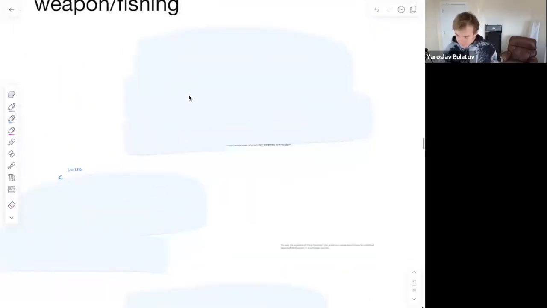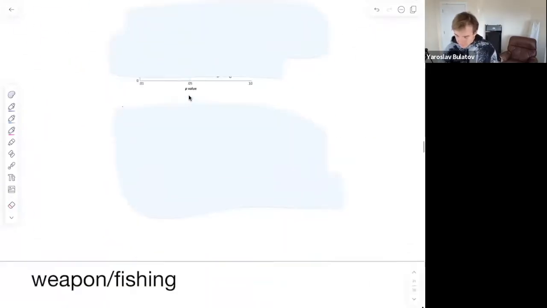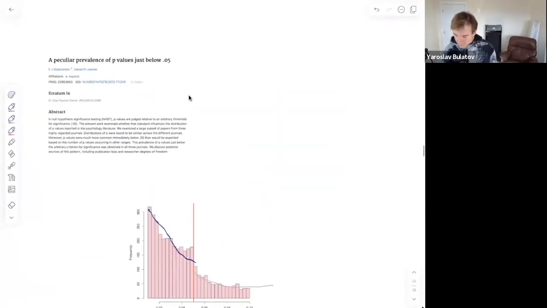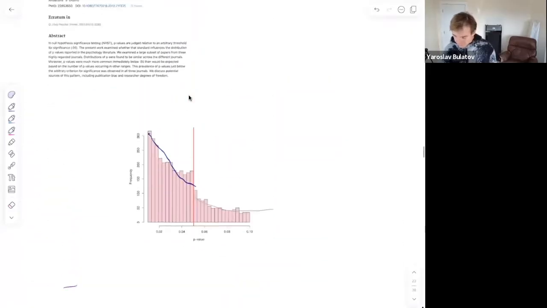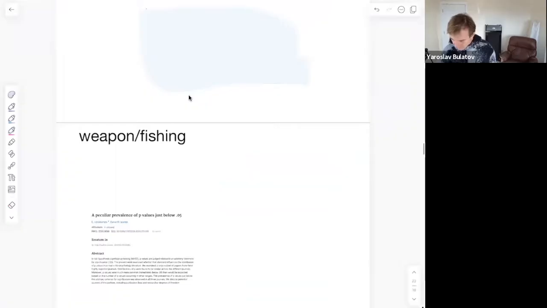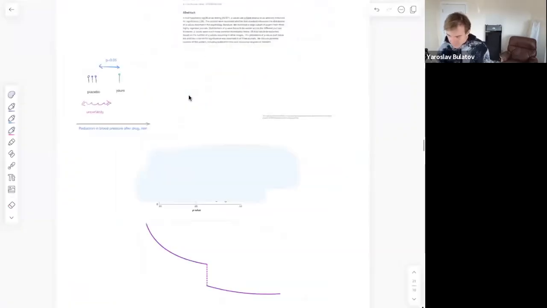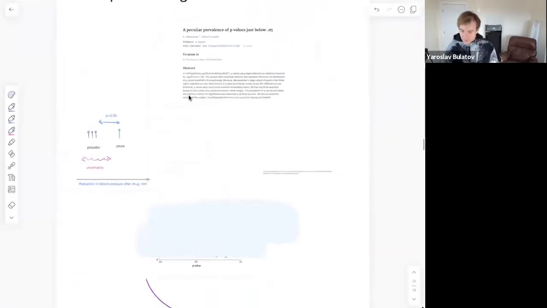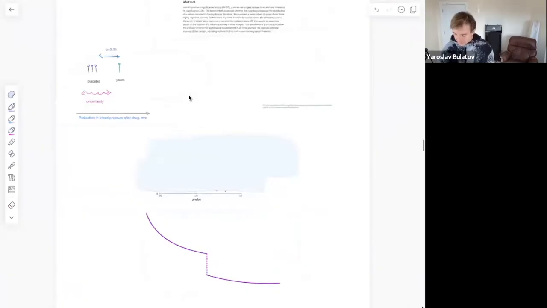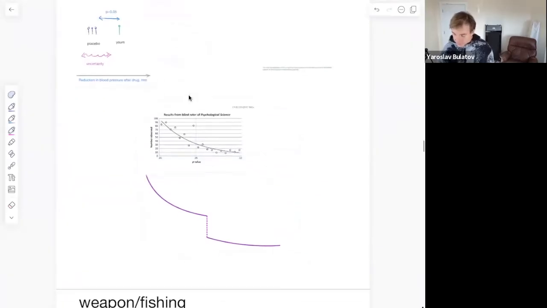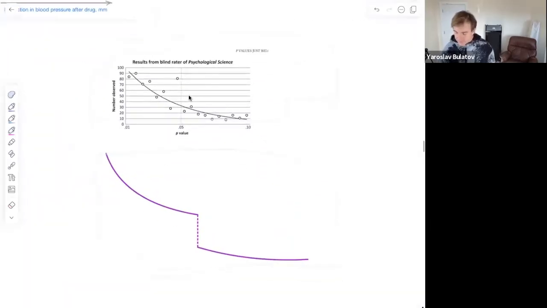But with this p-hacking, there is a cool illustration. So the question is, does p-hacking actually happen? There is an interesting paper which analyzes some p-values.